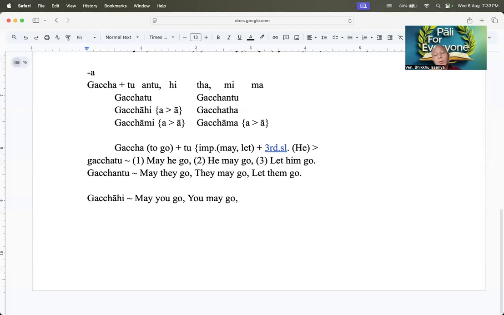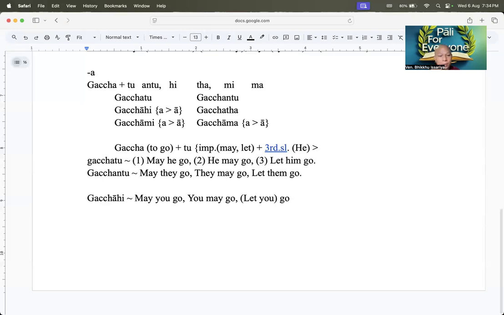But instead of using let you go, just go. This let also we don't use. You also we don't need to use. Just go. Just go. Okay, go. Like that. Go. You can go. Go. You may go. Go. So just giving allowance also. Okay.